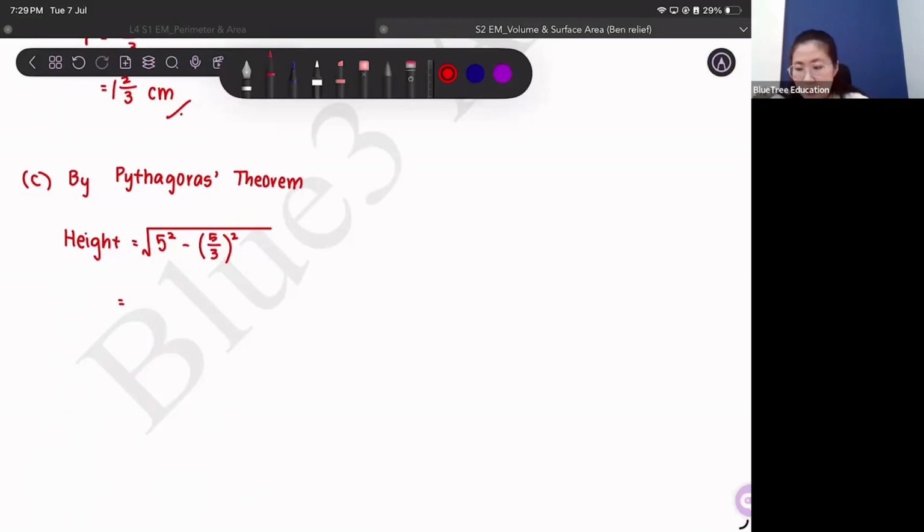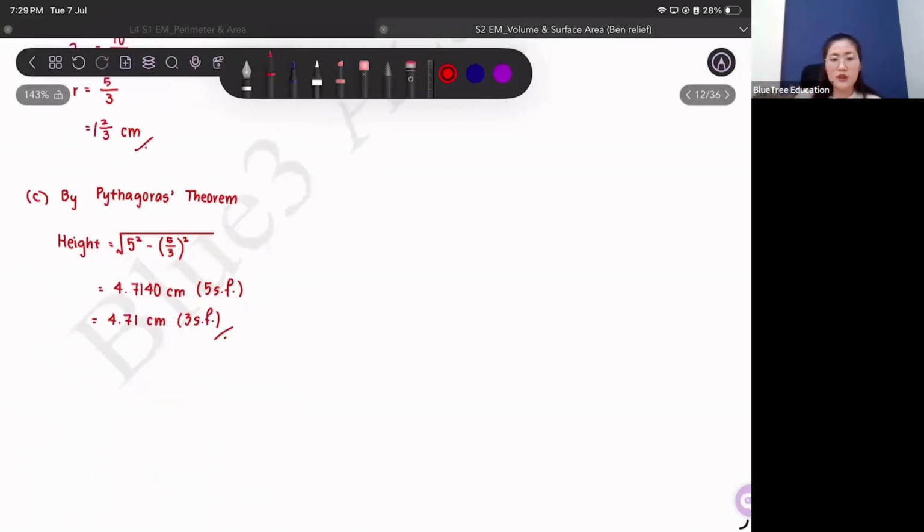Always put in 5SF first, you will never know when you will use it. You end up with 4.7140 cm to 5SF. And last but not least, the final answer has to be in 3SF, 4.71 cm. This is my answer for part C.